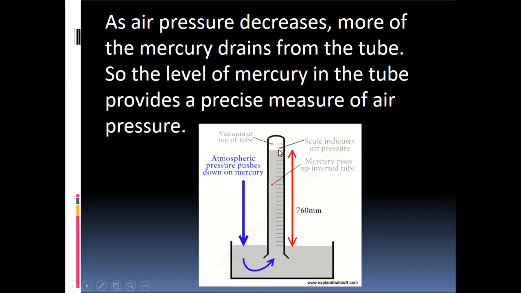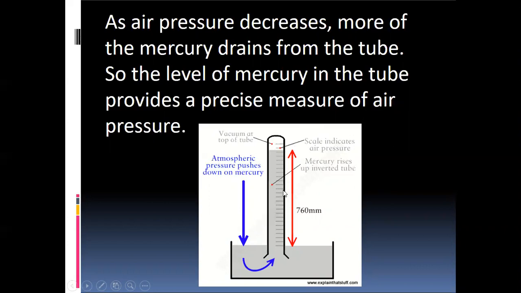The basic principle of a barometer is to use atmospheric pressure to balance a vertical column. You can see the tube is placed vertically.